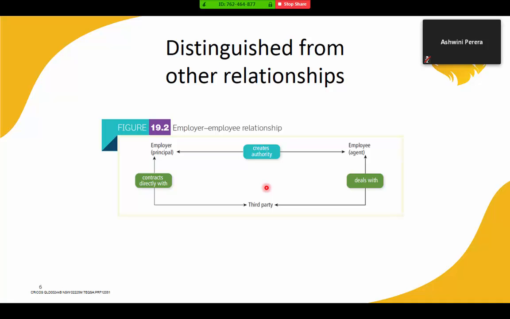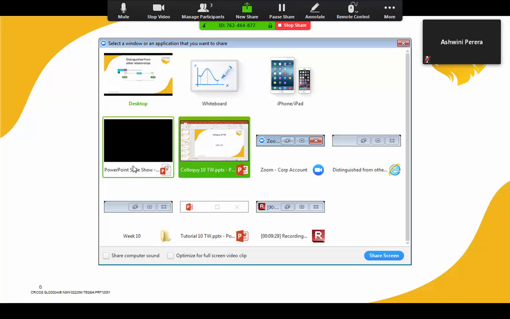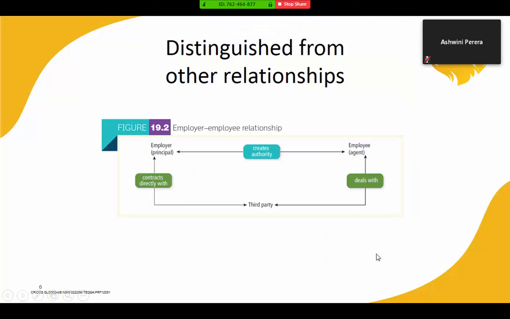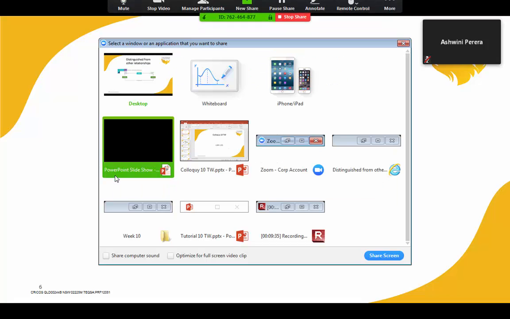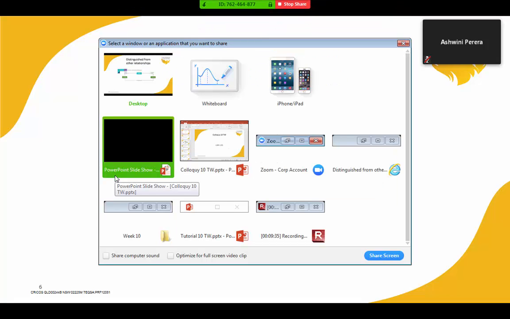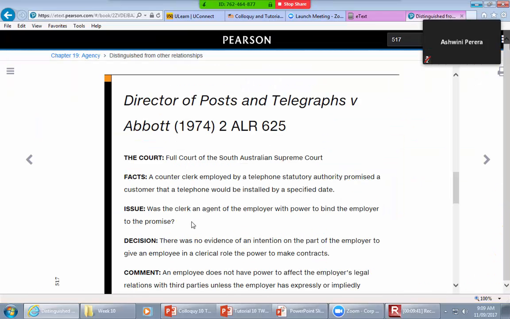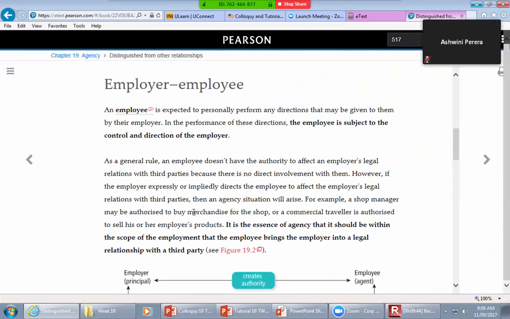One example of such relationships is the employer-employee relationship. That does not mean, of course, that every employee is an agent of their employer. In fact, if we go to your textbook, to page 516, we start with this general rule.